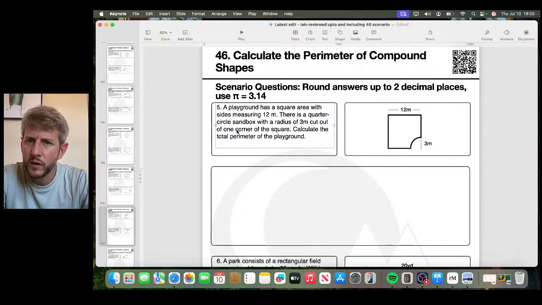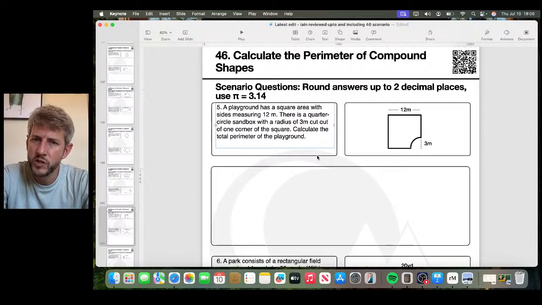There is a quarter circle sandbox with a radius of 3 metres cut out of one corner of the square. Calculate the total perimeter of the playground.